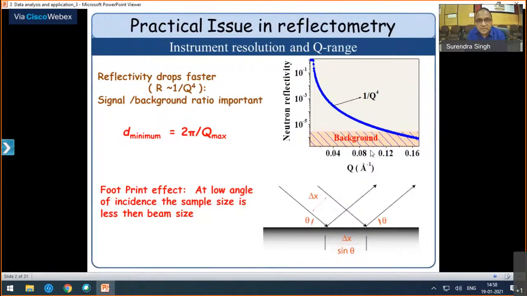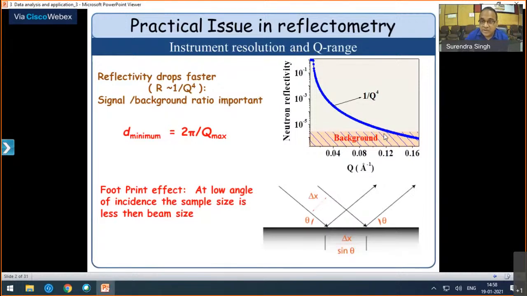So yesterday I just touched upon these three things, which are called a bit practical issues in reflectometry. Since reflectivity falls as 1 by Q to the power 4, we can measure up to a particular Q value only, because then the signal to noise ratio becomes 1, and we cannot trace out the signal from the background.